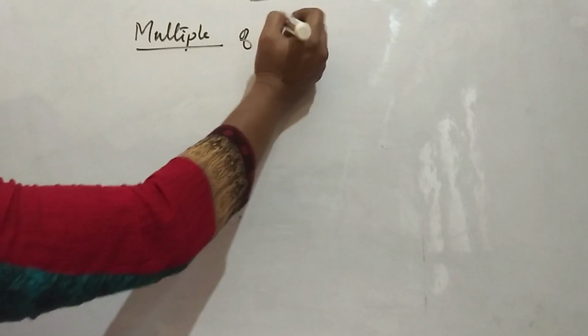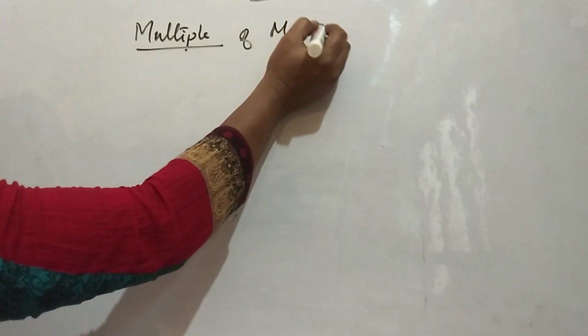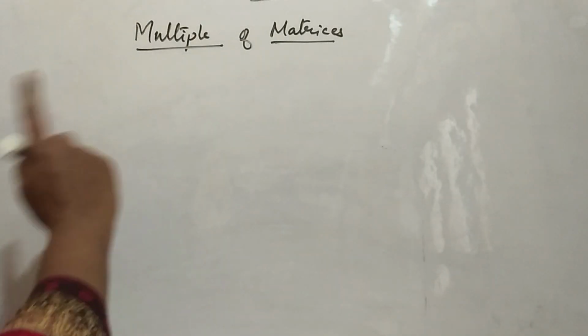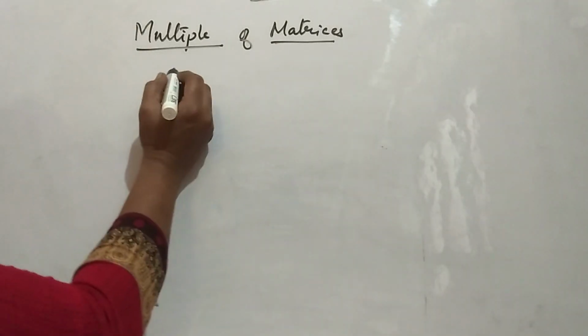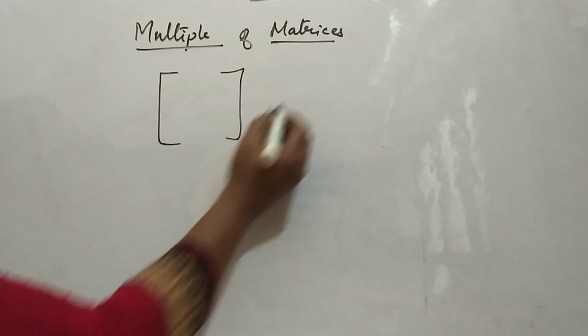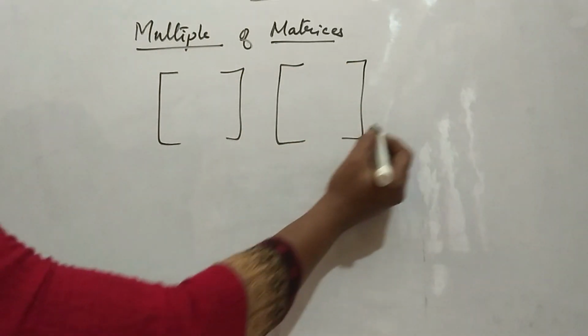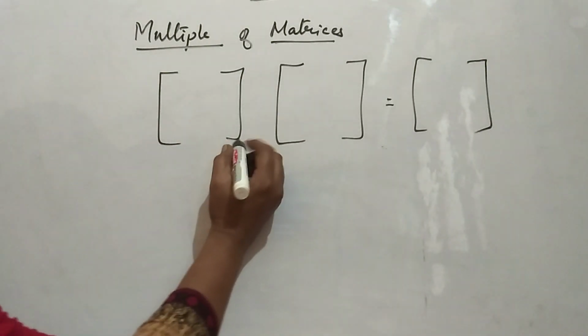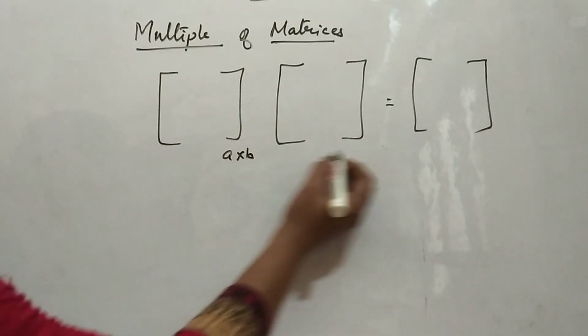Multiplication of matrices. For multiplication of two matrices, we have to multiply and you will get the answer. So how about the order of the matrix?